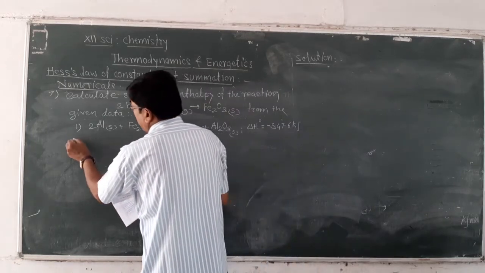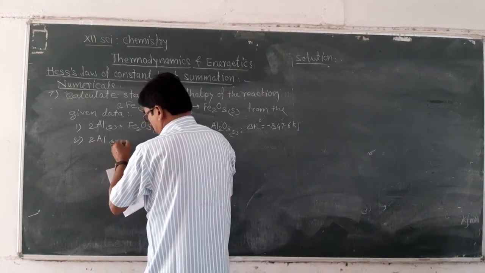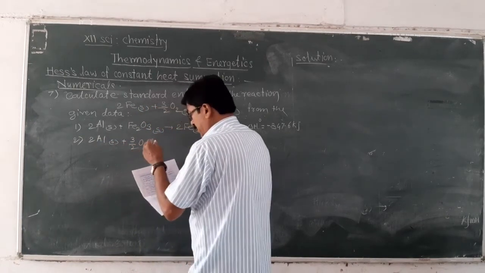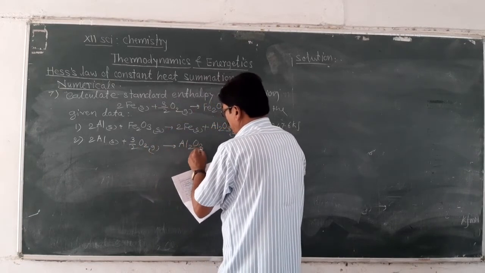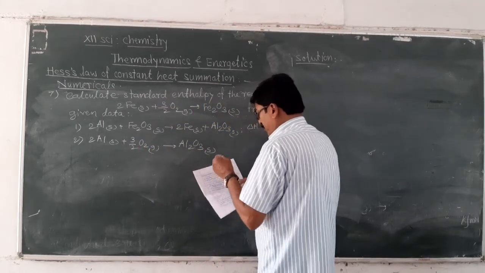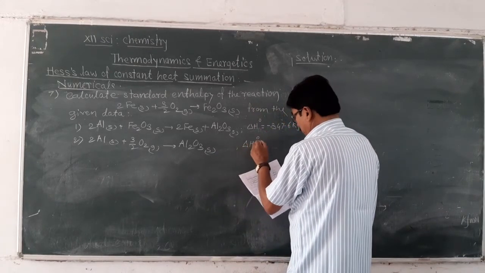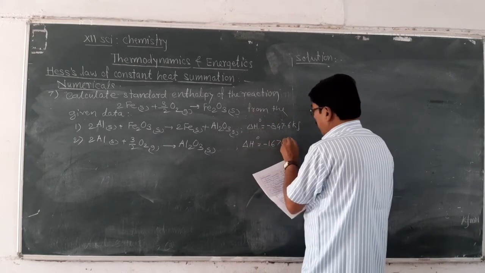Second equation is given: twice Al solid plus 3/2 O2 gas gives Al2O3 solid, and enthalpy of this reaction is minus 1670 kilojoule.